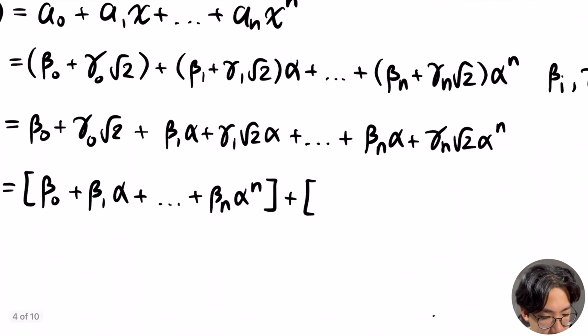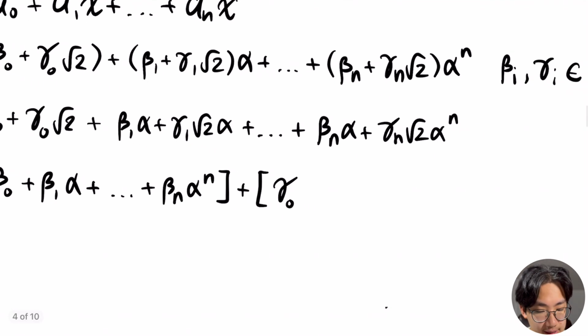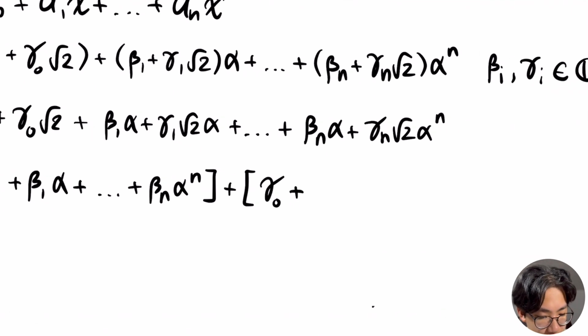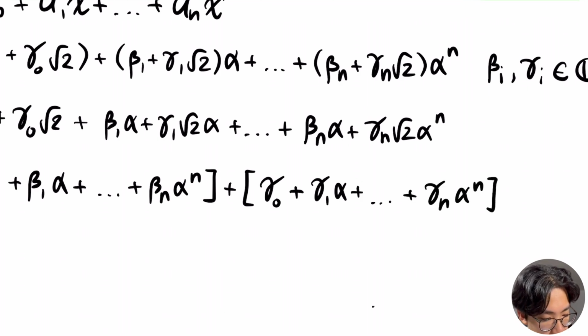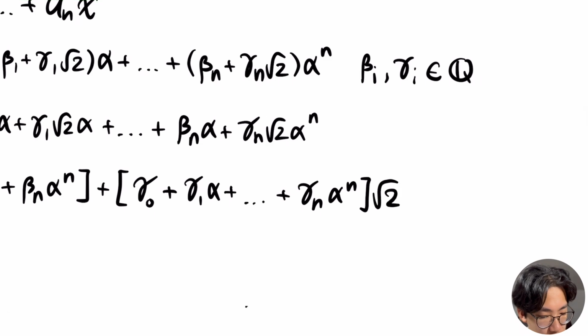So we have gamma 0 plus gamma 1 alpha, going all the way up to gamma n alpha to the power of n. In this case we're not focusing on the root 2s, we're going to have that on the outside, kind of thinking of it as factoring it out. But of course, we're multiplying the root 2 on the outside.